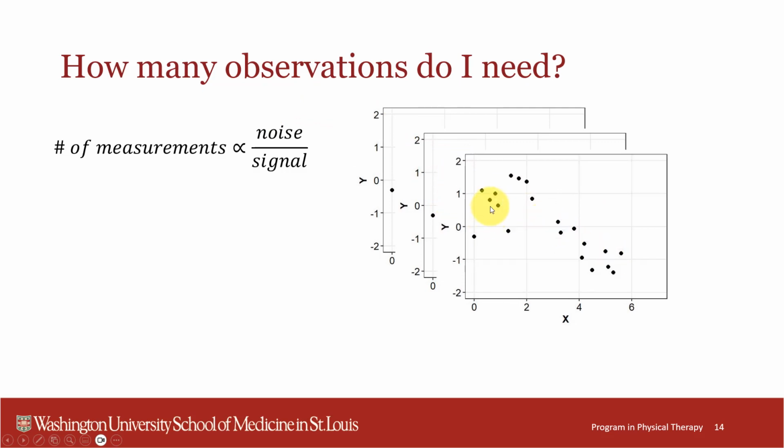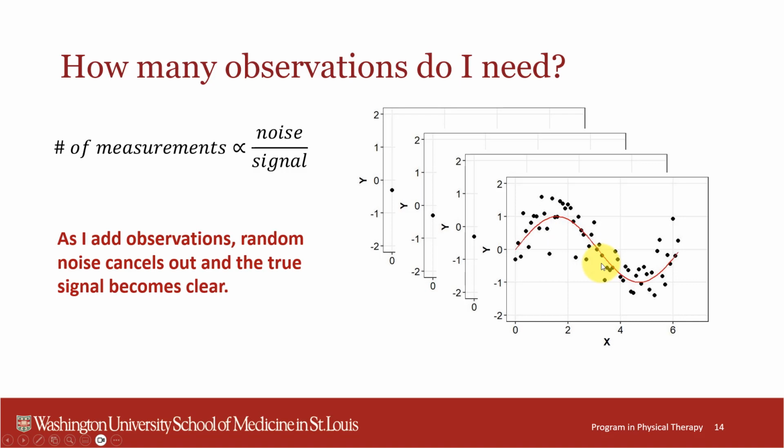If I take more observations, there's definitely some non-linearity below about an x value of 2. It's almost like it's increasing. After 2, it's decreasing, right? And eventually, if I take enough observations, even in this very noisy signal, I can actually see what the true underlying signal is, right? So if I add observations, random noise cancels out, and the true signal becomes clearer.